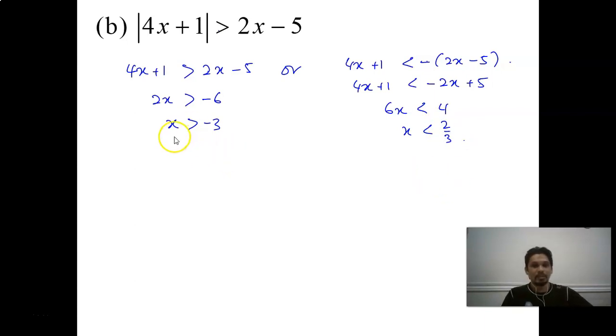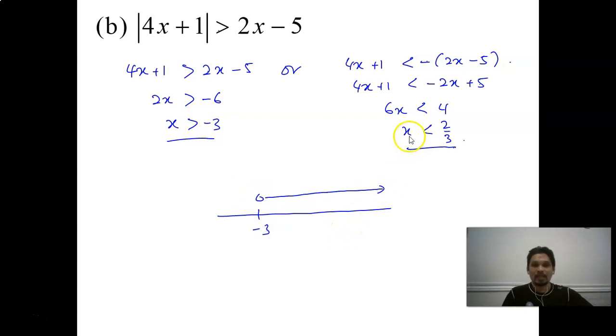Okay, so this is solution number 1 and this is solution number 2. We put them on one number line here. First one here is x greater than negative 3, and x less than 2 over 3. Okay, now this is the term of "or". "Or" means all.